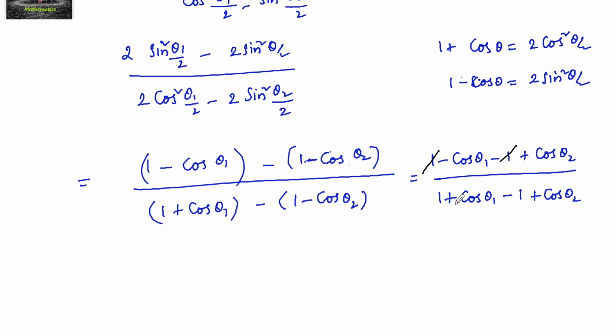So we can cancel 1 and 1 here and in the denominator also, and hence this is cos theta 2 minus cos theta 1 in the numerator.